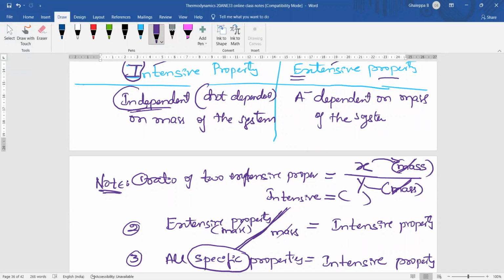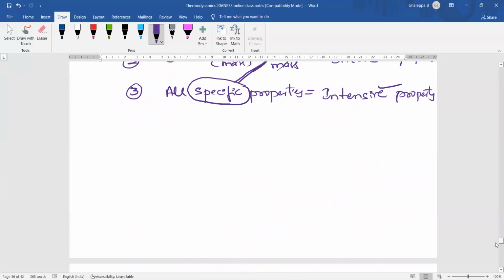For example, specific internal energy, specific enthalpy, specific volume, specific entropy. Understood? Any property which starts with the word specific, assume it is an intensive property. So these are the three notes you remember. Now I will give the examples, then I will tell you how to classify whether a property is intensive or extensive.